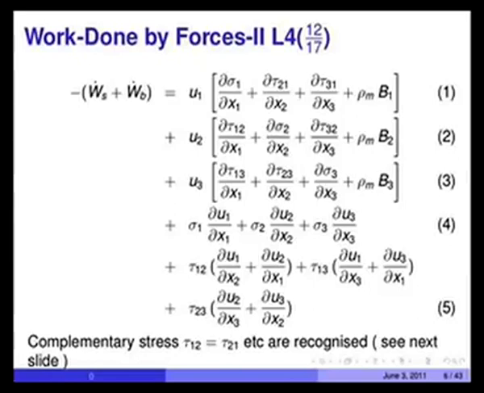And here I have already used the idea of complementarity of stresses, that is tau 1 2 is equal to tau 2 1. Now, I draw your attention to this term.